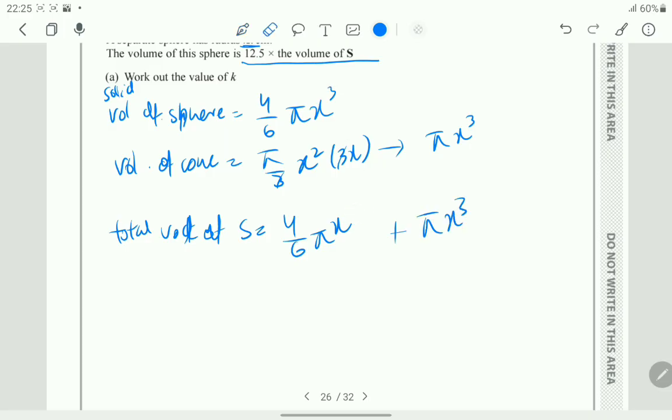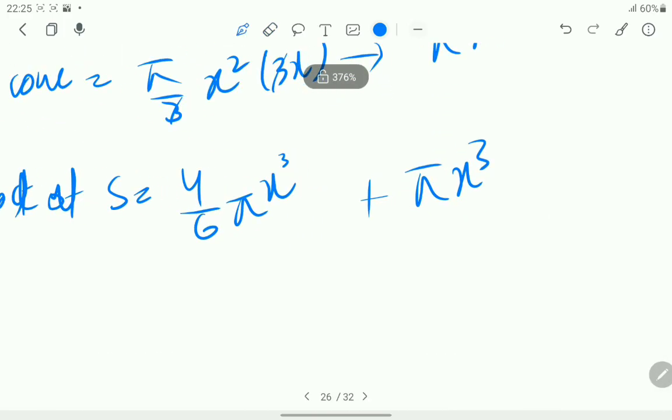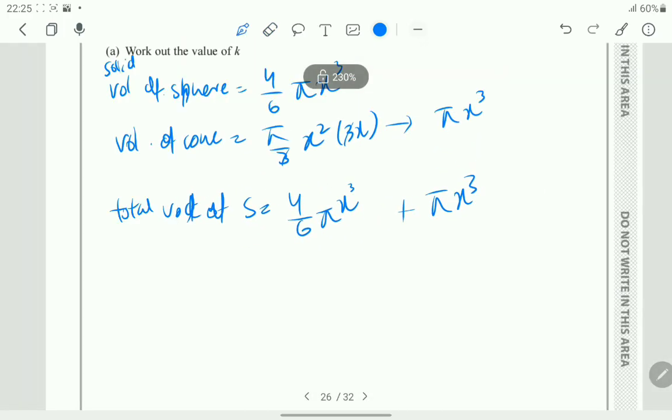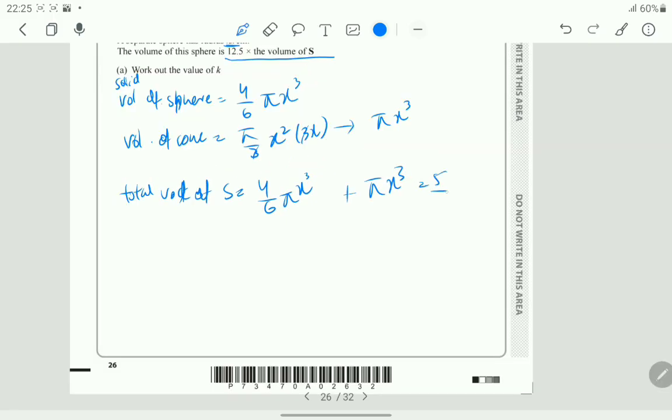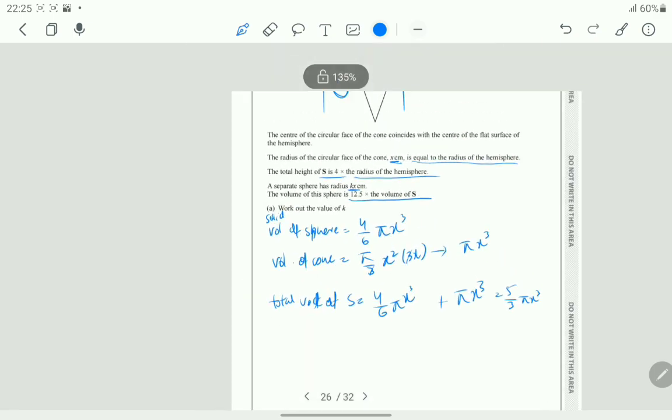My bad, this is not square, this is cube. Adding this means we have 4 divided by 6 plus 1, which gives us 5 by 3 pi x cube.